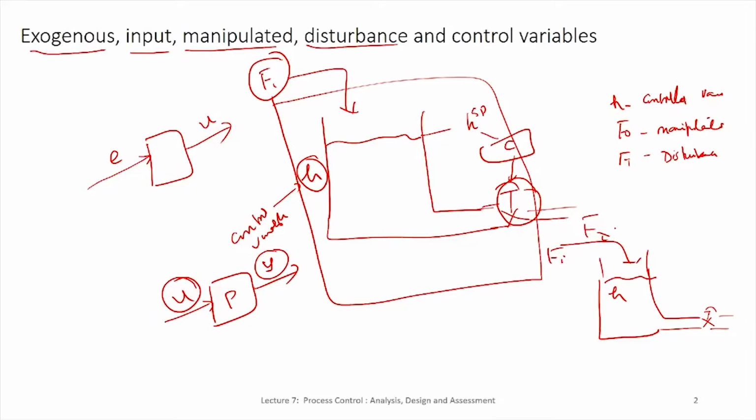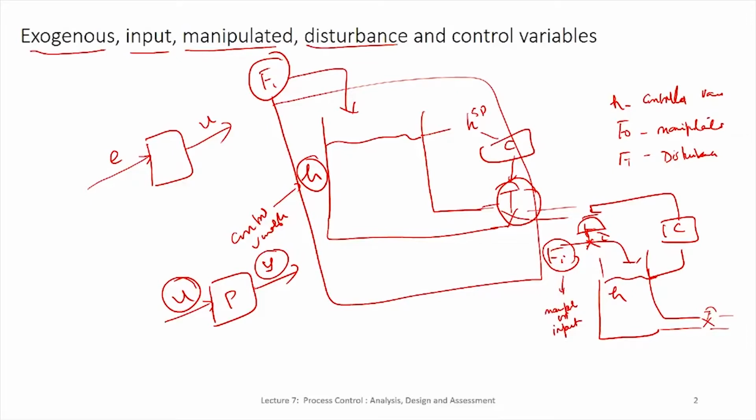Now, if I were to put in a control valve here and then use this measurement, compare it with the set point and then use a controller to manipulate this valve, the height, or the control variable of the tank, is being controlled by manipulating this valve, which means I am manipulating the inlet flow rate. So, something which was a disturbance variable in the last example becomes the manipulated variable or an input variable.